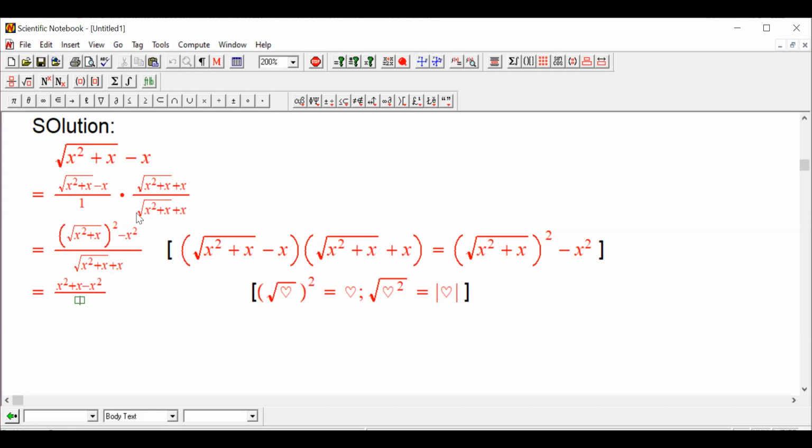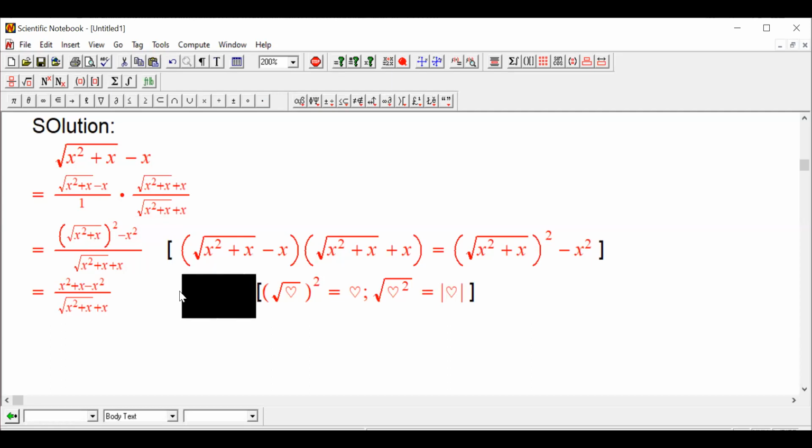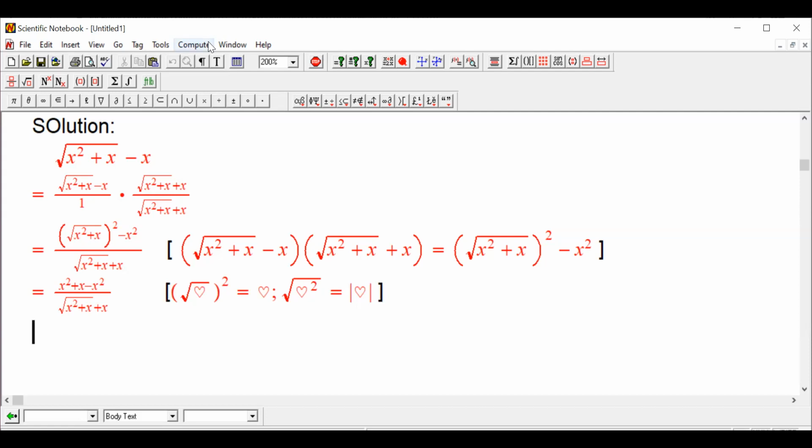We're not going to do anything about it. We're almost done. The next part is, of course, x squared minus x squared is going to make 0. So we only have x left.